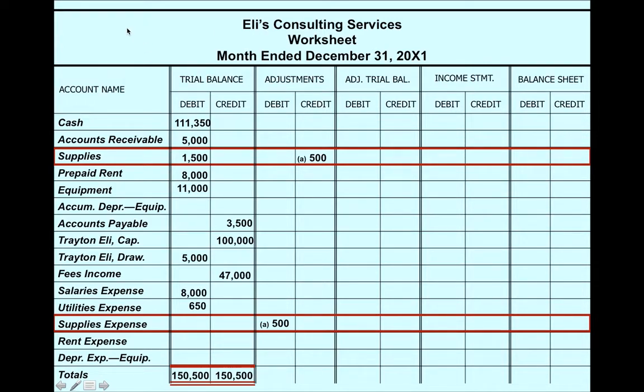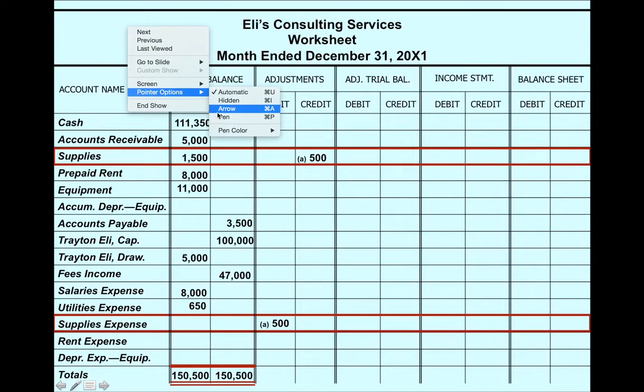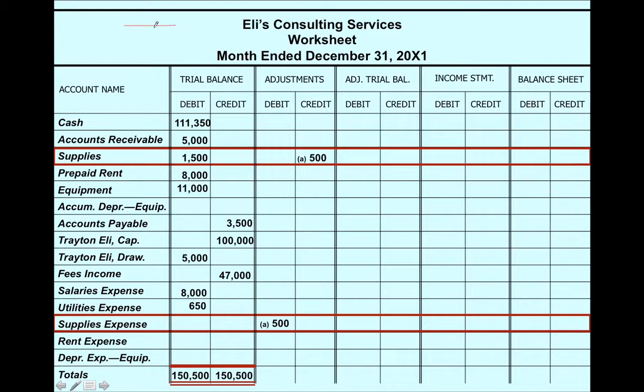And if you think about the supplies account here, I always like to draw out the T account, you know that. So my supplies had a balance of 1,500 before adjustments, and then when I adjust them by 500 credit, what does it do? It's a negative for supplies. So what will be my ending balance of supplies, the adjusted balance of supplies?